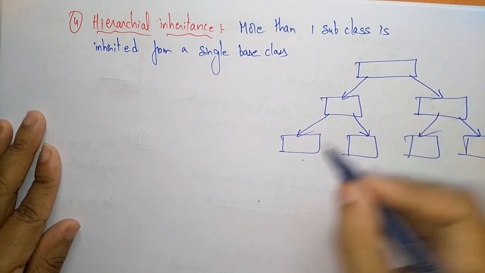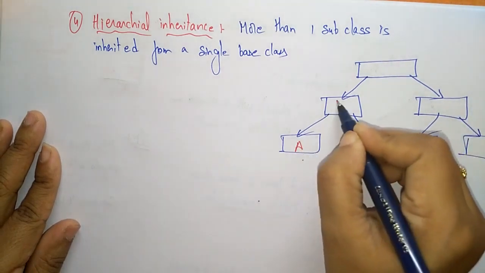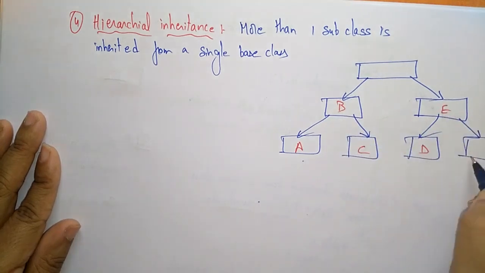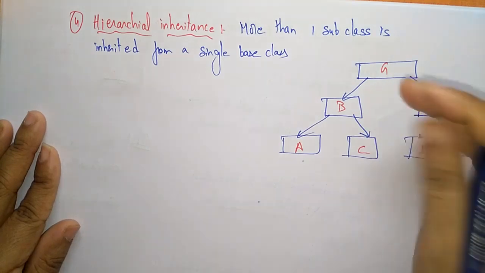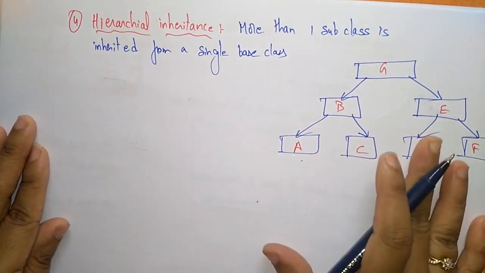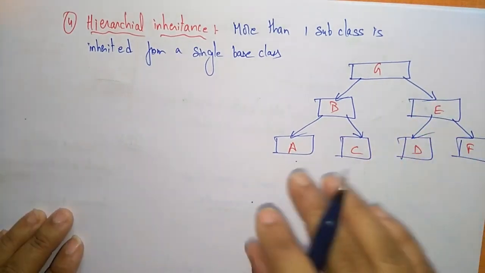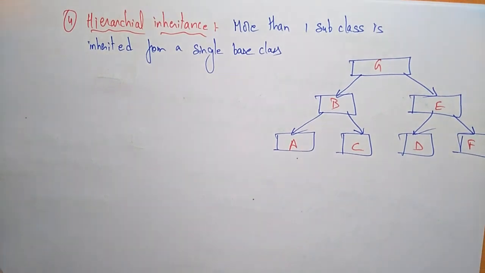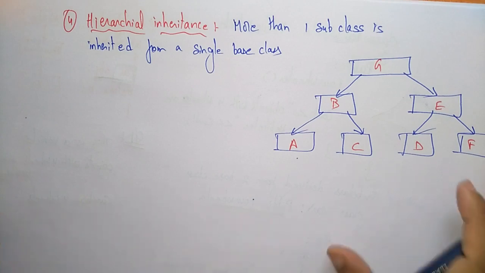So this is class A, class B, class C, class D, E, F, G. This is the representation of hierarchical inheritance. More than one subclass is inherited from a single base class. So let us see an example for this hierarchical inheritance.